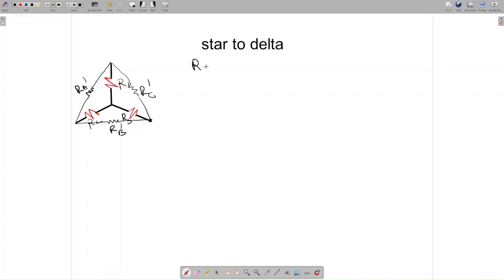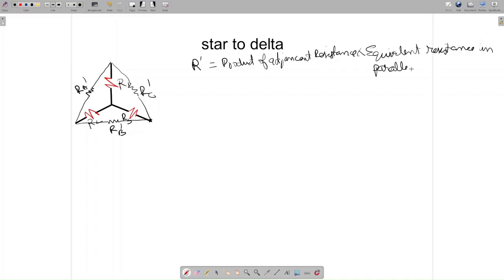The equivalent resistance RA dash is equal to the product of adjacent resistances into the equivalent resistance in parallel combination.